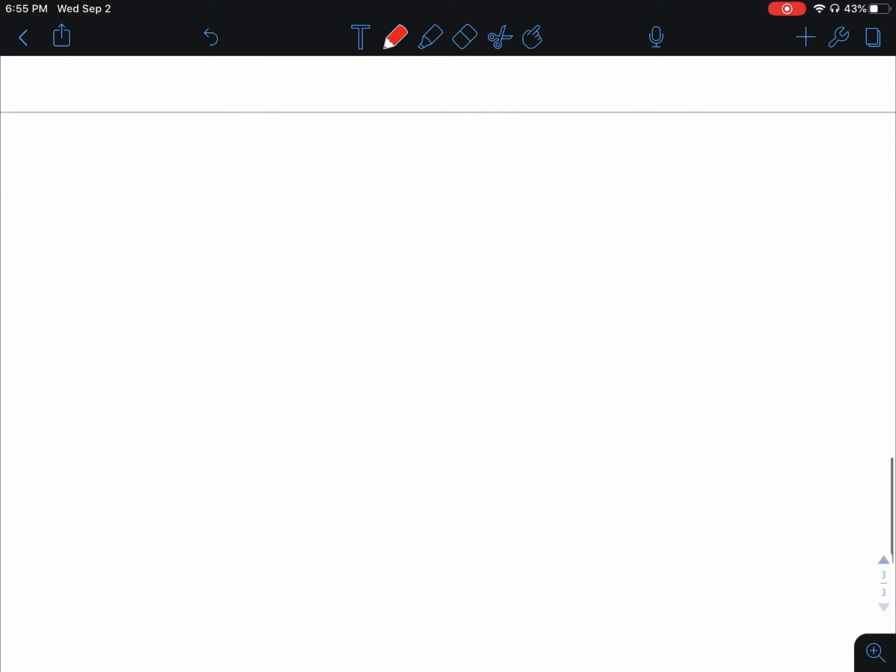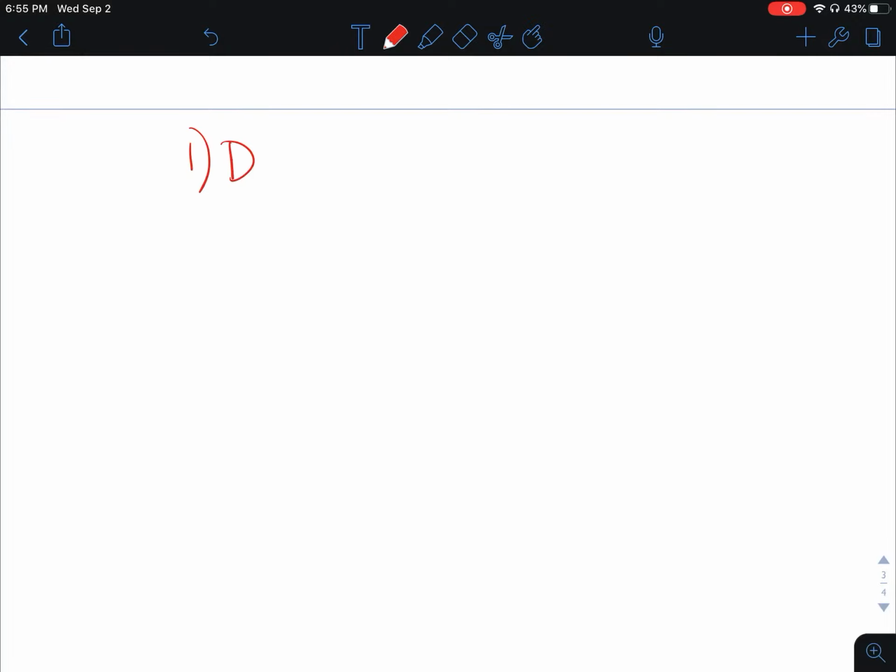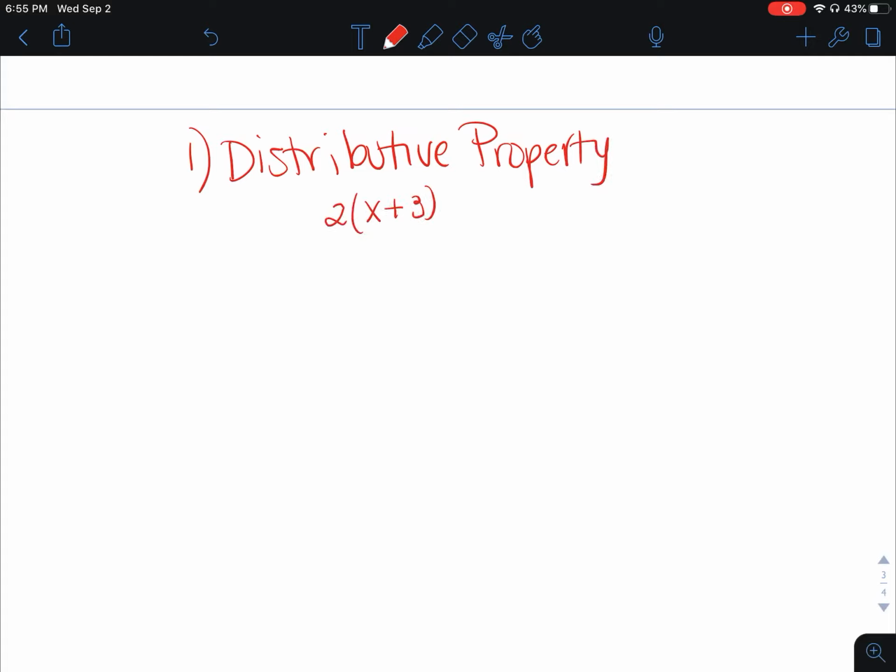So here's what we did on these problems down here at the end. So first we did distributive property. Okay, so if we had something like this, we distributed, right? Step 2 is we combine like terms.